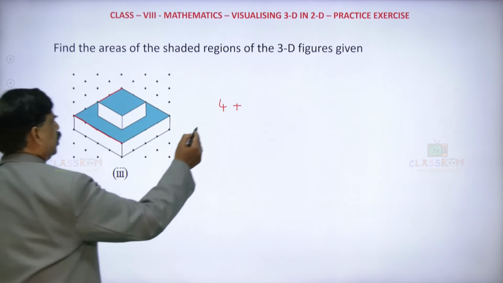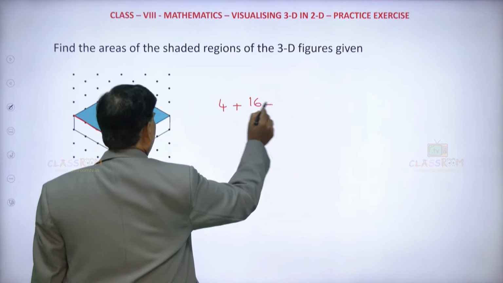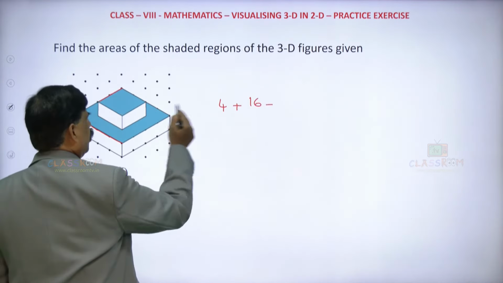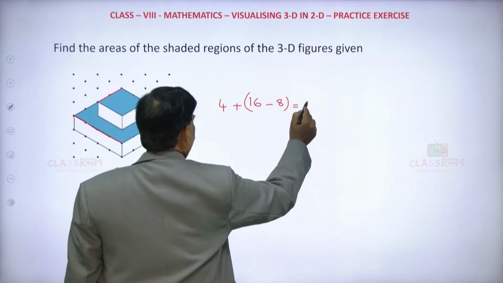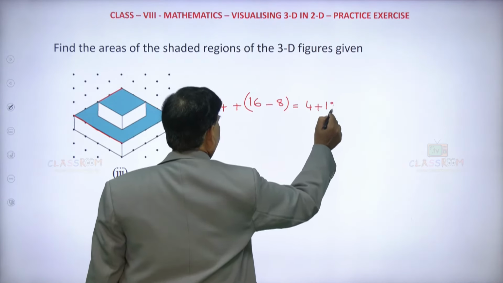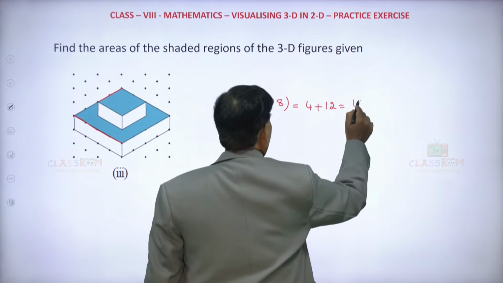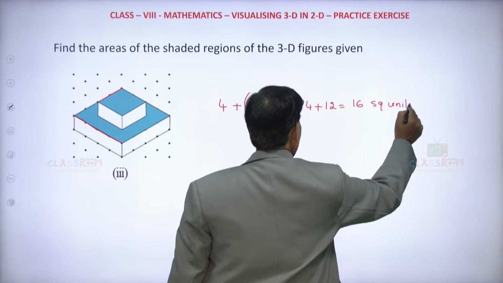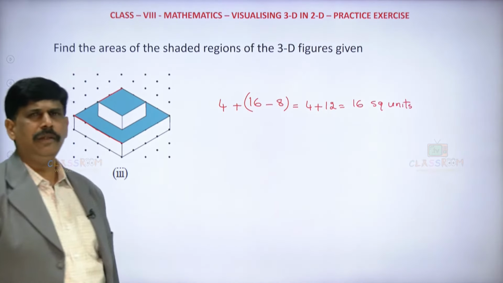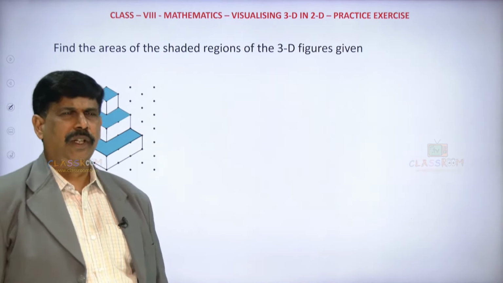So 4 by 4, 16. Already this has come. One top and one bottom. So 4 plus 4, 8. So this is 4 plus 12. That is equal to 16 square units. Understood? See the next one now.